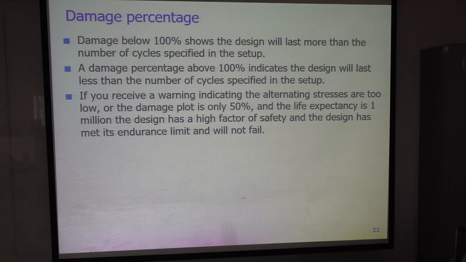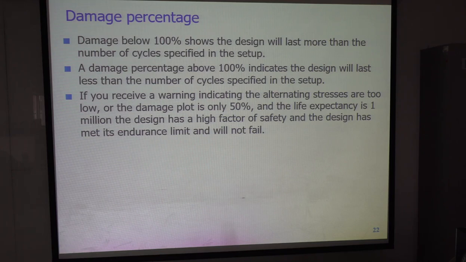Okay. Pretty good. If the message just says the alternate stress are too low, so you are pretty happy, because the message tells you the product won't fail. Or the damage percentage, the probability is less than 100%, because 50% is less than 100%.